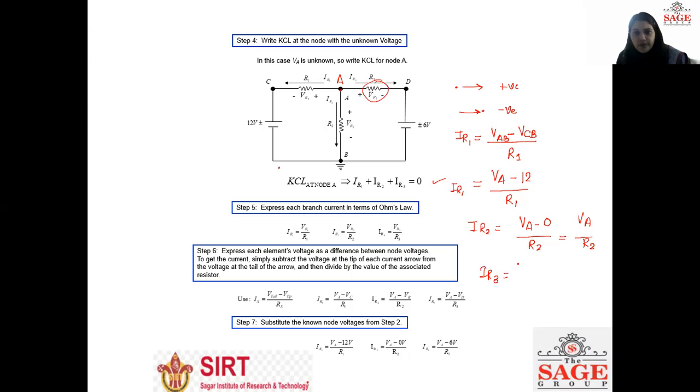Here also we will take VA, which will be at higher potential, minus VDB divided by R3. VA minus VDB means the voltage between this node D and reference node B, that is 6 volt by R3. So in that way we have all these three equations, okay?